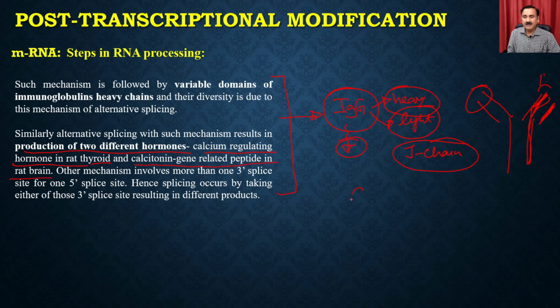So from the same gene, you can have two different types of hormones: the calcium regulating hormone in the thyroid, and the calcitonin gene related peptide in the brain. Hence alternate splicing is a very robust tool present in the eukaryotic system, and it is responsible for producing different types of proteins.